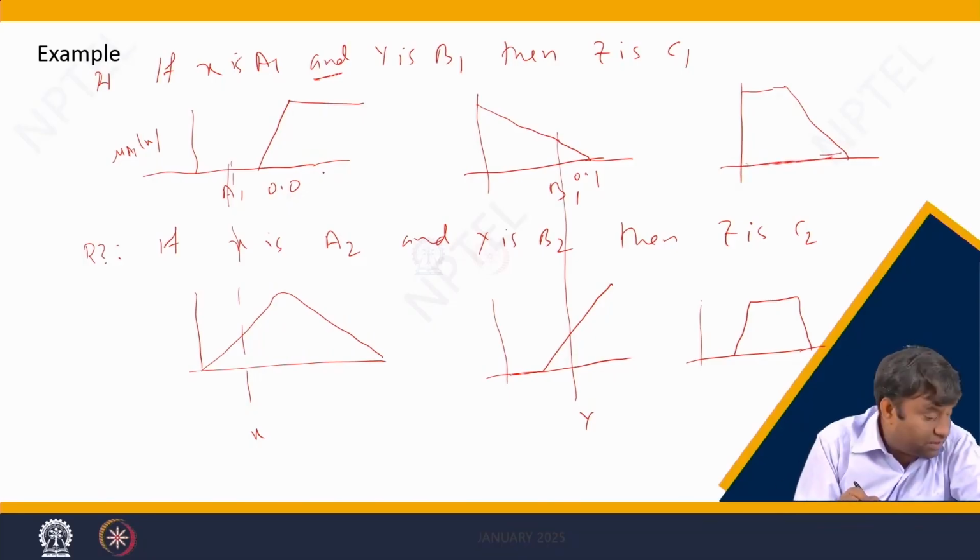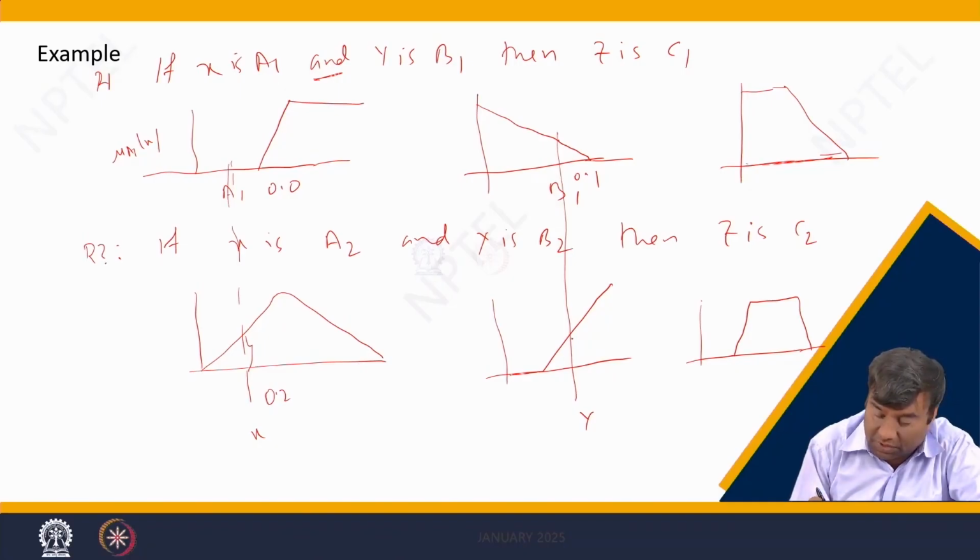Now if x is A2, suppose this value is 0.2 and this value is 0.1, so you take the minimum value.